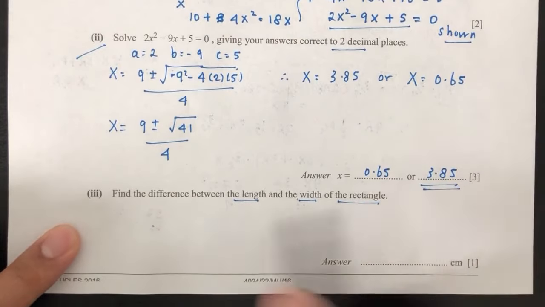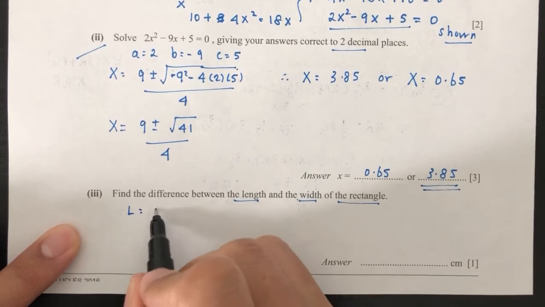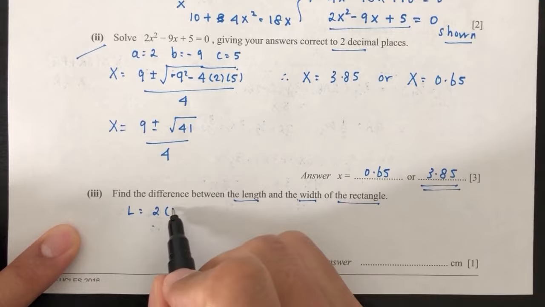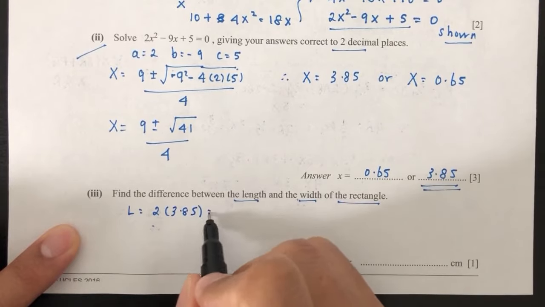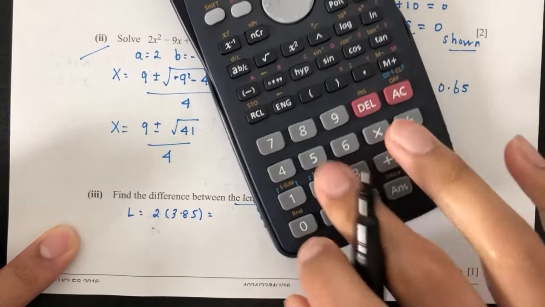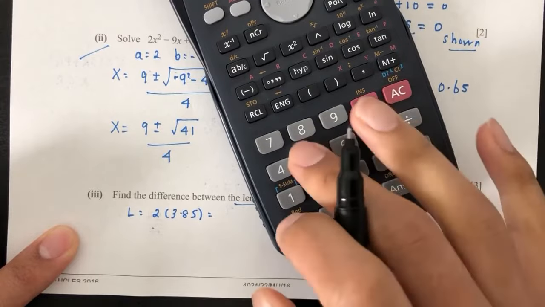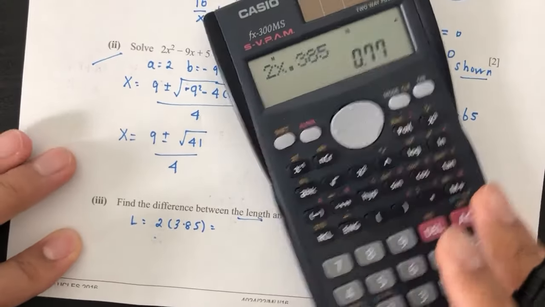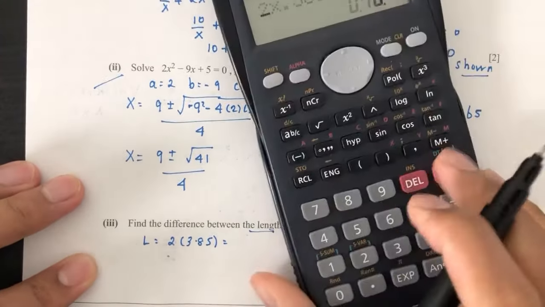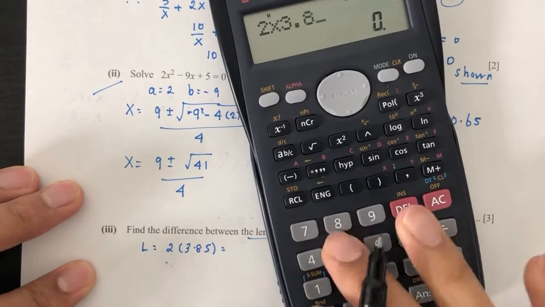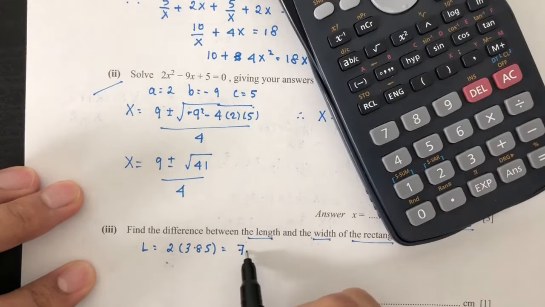So find the difference. So let's first find the length. The length is 2x. x will be 3.85, so 2 times 3.85. Sorry, not 0.77, 3.85 times 2 should be 7.7.